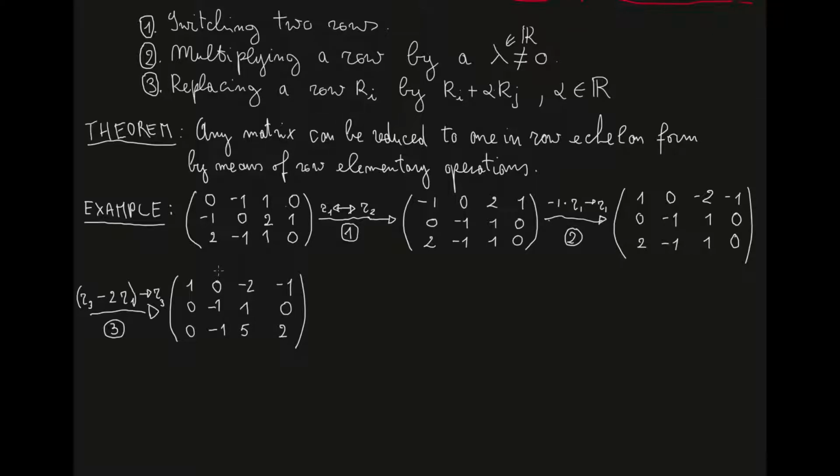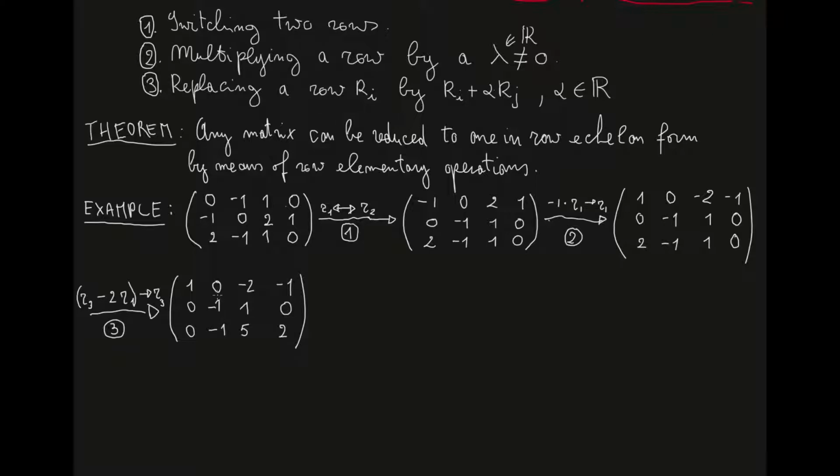If with that coefficient we could kill -1 with an operation of the kind 3, then we would most likely introduce again a non-zero coefficient here, which we just worked to make 0. So we cannot use row 1 anymore, otherwise we will just destroy the work that we have done so far in order to make 0 the first coefficient of the last row.